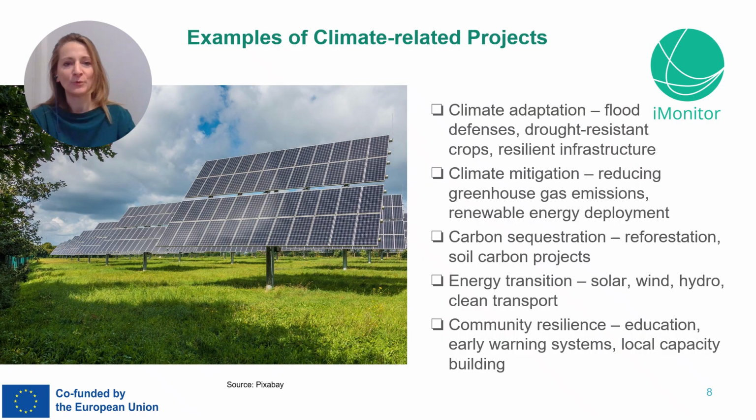Now, when we shift to climate-related projects, we usually talk about two big categories: adaptation and mitigation. Climate adaptation projects help communities to cope with the impacts of climate change, that is, flood defenses, drought-resilient crops, or resilient infrastructure.